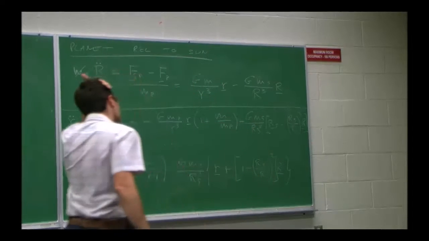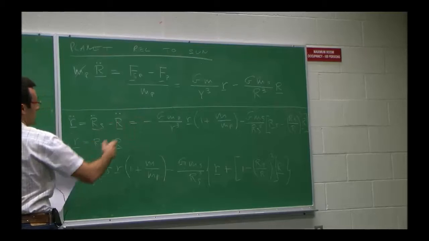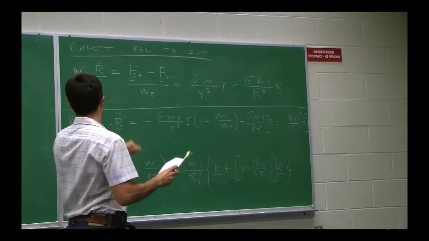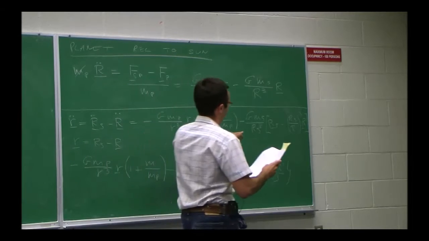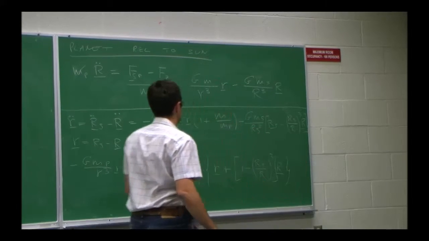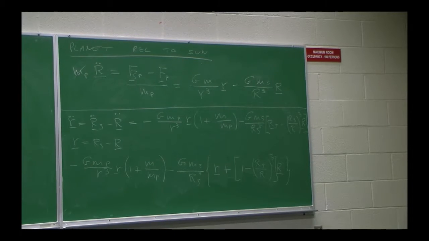What is the step between this and this? I take everywhere I see rs, I substitute little r plus big R. You get that. But you can basically forget about that expression if you want, because we're going to simplify it.